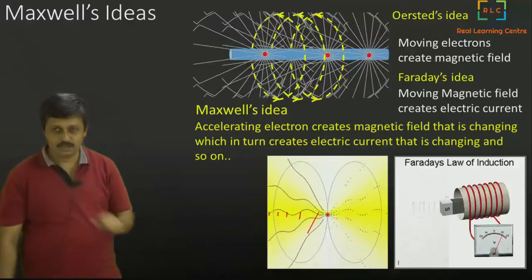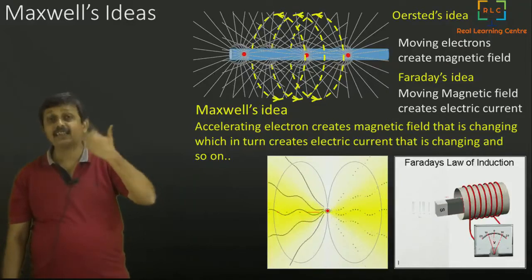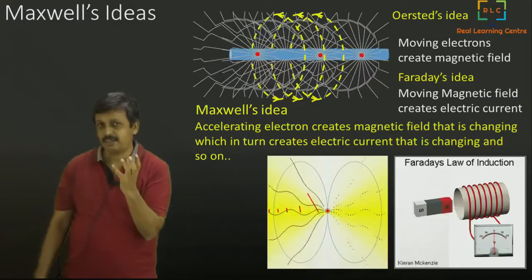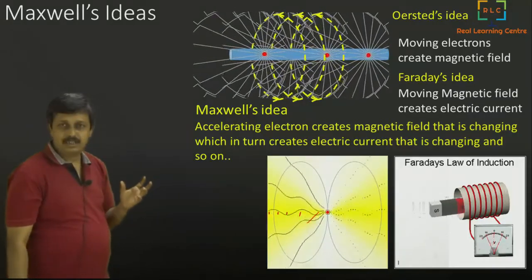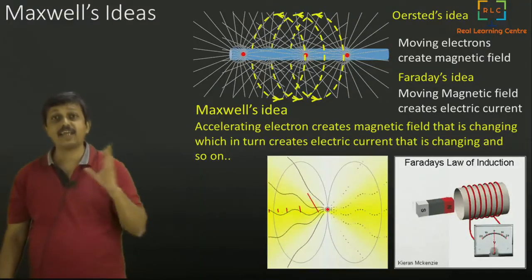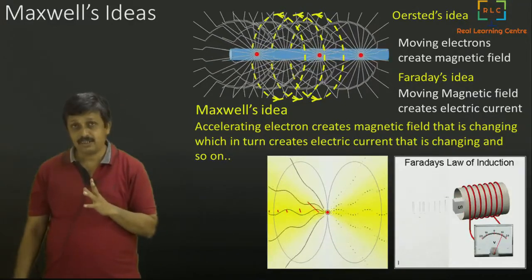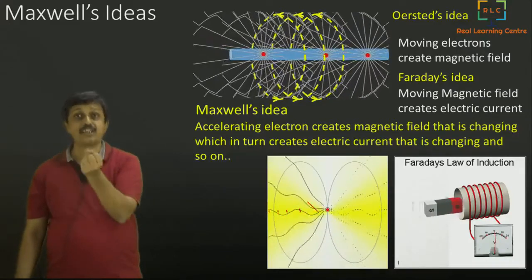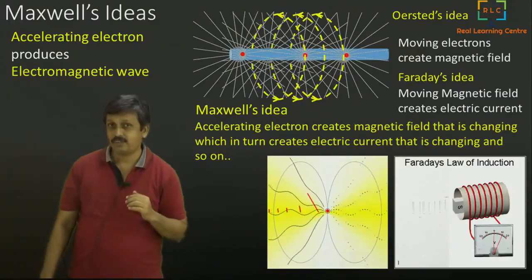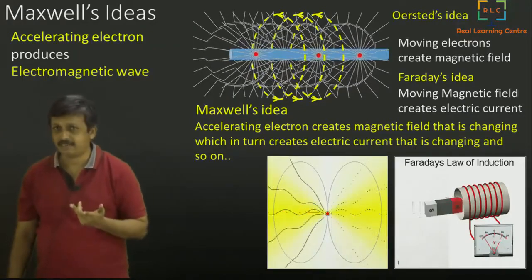If you make sure that you have an electron which is continuously accelerating, and the change in the acceleration also is changing, and the change in the change also is changing, which will happen when you do a circular path, then it creates changing electric and magnetic fields, which we call an electromagnetic field or electromagnetic wave. So an accelerating electron produces an electromagnetic wave according to Maxwell's idea.